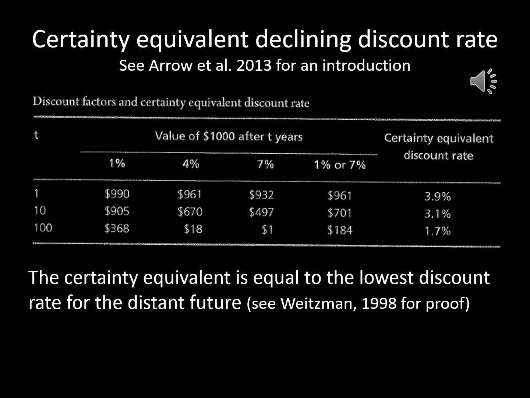This table displays the value of $1,000 after T years for discount rates of 1%, 4%, and 7%, and the expected value if we are uncertain whether 1% or 7% is an appropriate discount rate, but equally likely. We see that the discount rate that would produce this expected value, the certainty equivalent discount rate, approaches the lowest discount rate of the set considered for the distant future.